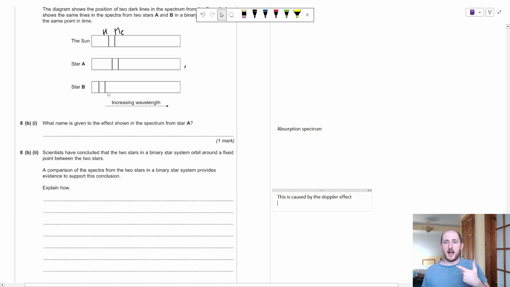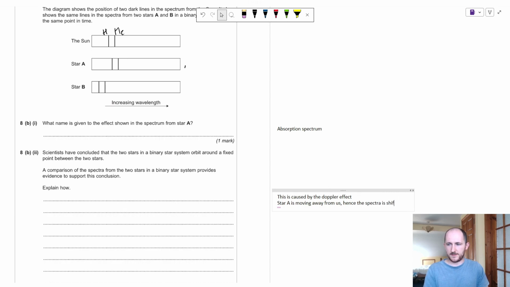This is because star A is moving away from us, whereas star B is moving towards us. So star A is moving away from us, hence the spectra is shifted to longer wavelengths. Star B is moving towards us, hence the spectra is shifted to shorter wavelengths.